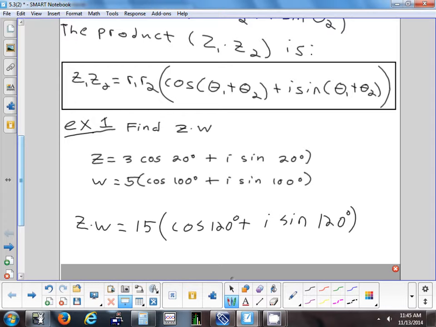So to multiply two complex numbers in polar, it's so much easier and faster than doing all that foiling. But you have to understand what polar means to do this. So 3 times 5 is 15. 20 plus 100 is 120. And you're done. Any question on that?